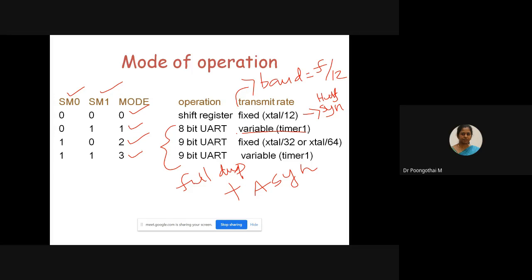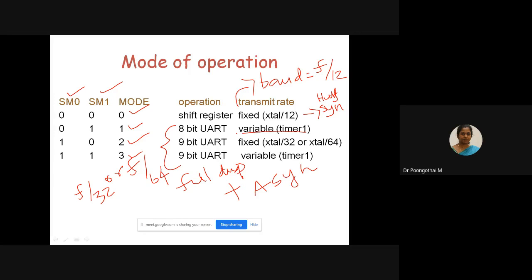The next one is the 9-bit UART mode. Here the baud rate can be either F by 32 or F by 64. We only have two options. Here 9-bit means 8 bits of data with parity.